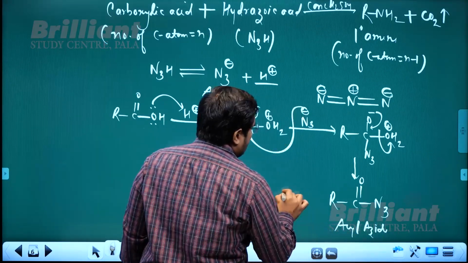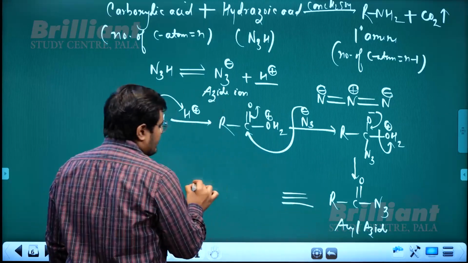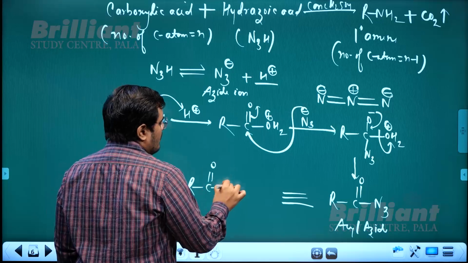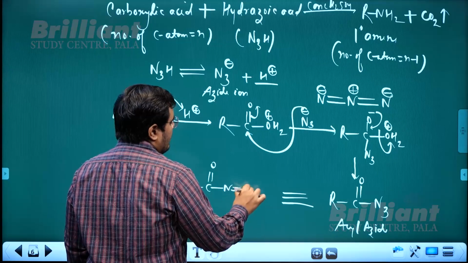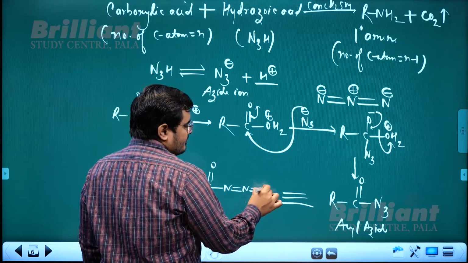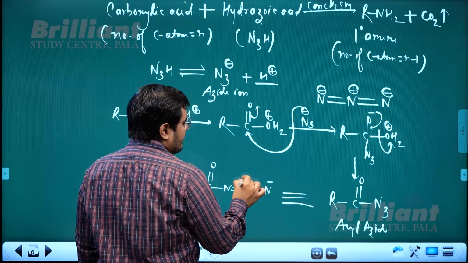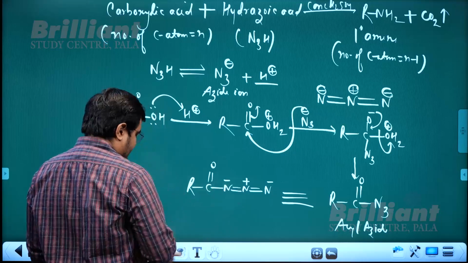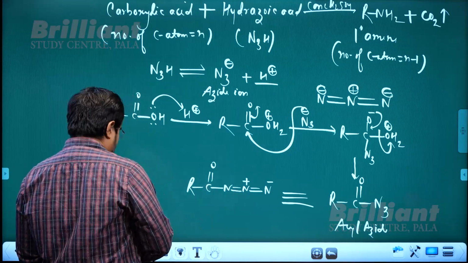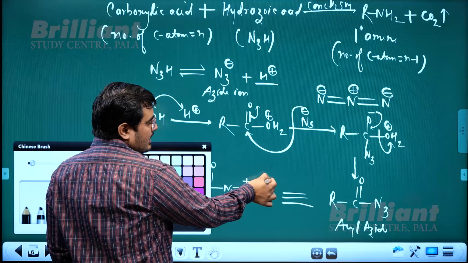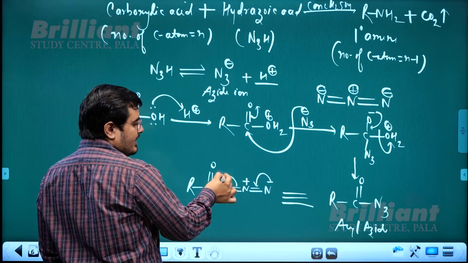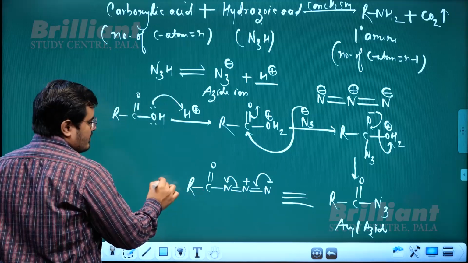This acyl azide structure, I can also write as RC double bond O, N double bond N, double bond N, with charges minus, plus, minus. Sorry, this nitrogen has 3 bonds, so this will be neutral. You can write another resonating form. This bond comes here and this electron pair moves onto nitrogen.